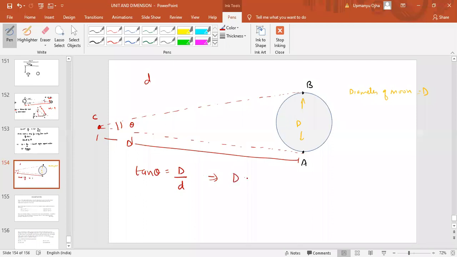The diameter of the moon would be equal to D by tan theta... sorry, d equals D tan theta. Now this theta is very, very small, so we can assume d is equal to D theta.